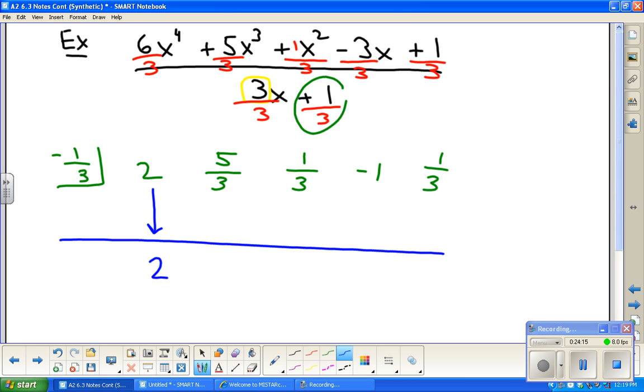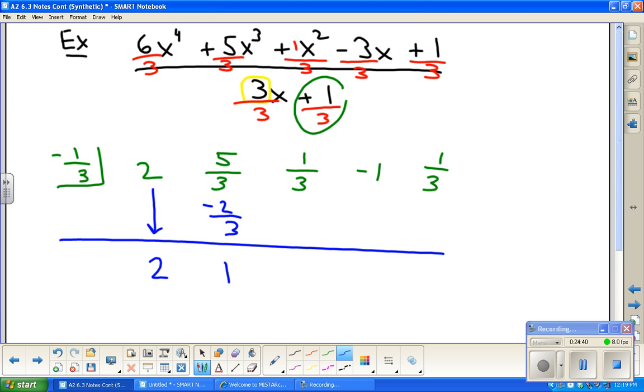And then the process says multiply that by the thing in the box. So 2 times negative 1/3 is negative 2/3. When we do the addition, 5/3 and a minus 2/3, how many thirds? 3/3, which is just 1. Positive, right, because it's 5/3 minus 2/3.